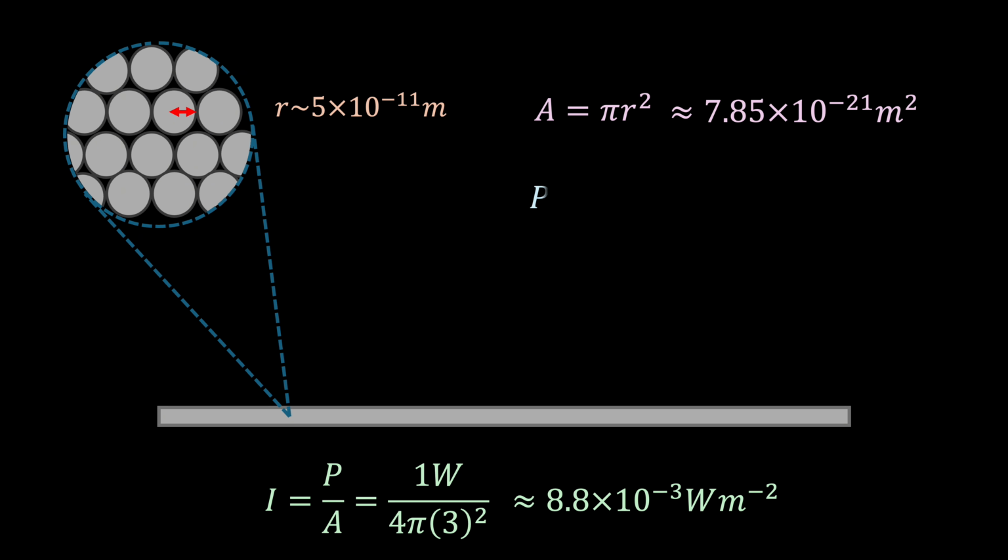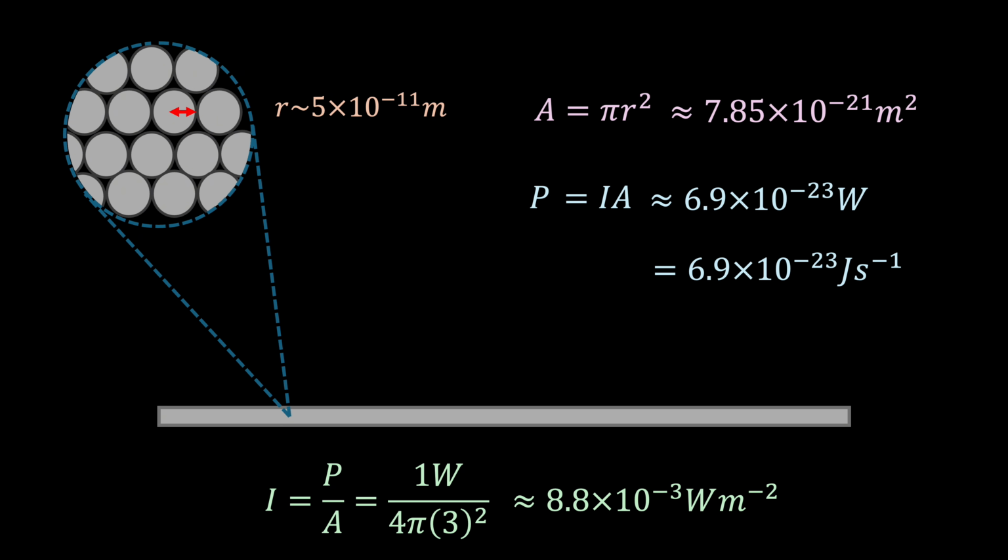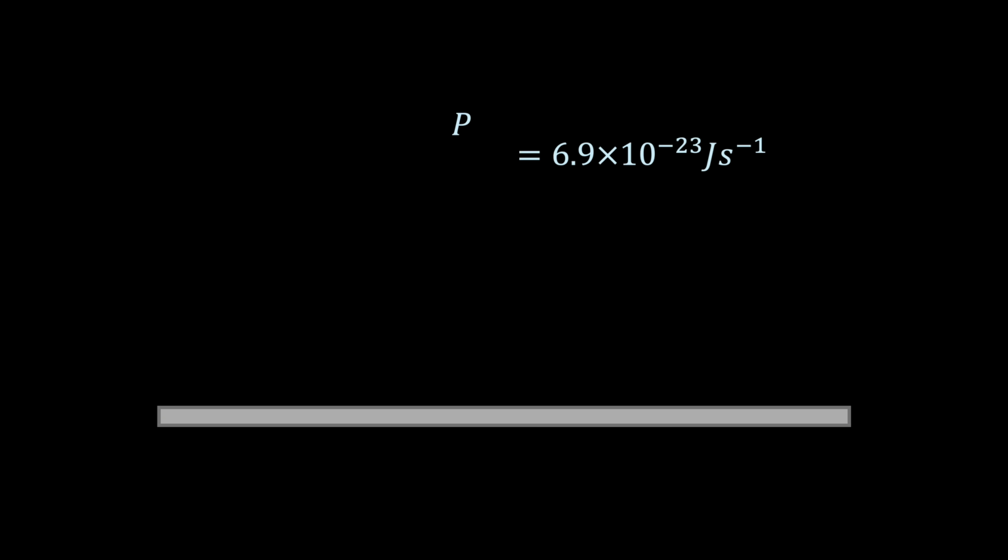We can then calculate the power intercepted by this patch by multiplying the intensity by the cross-sectional area that we just calculated. And when we do this, we find a result of 6.9 times 10 to the minus 23 watts, which corresponds to an energy transfer of 6.9 times 10 to the minus 23 joules per second to this patch.